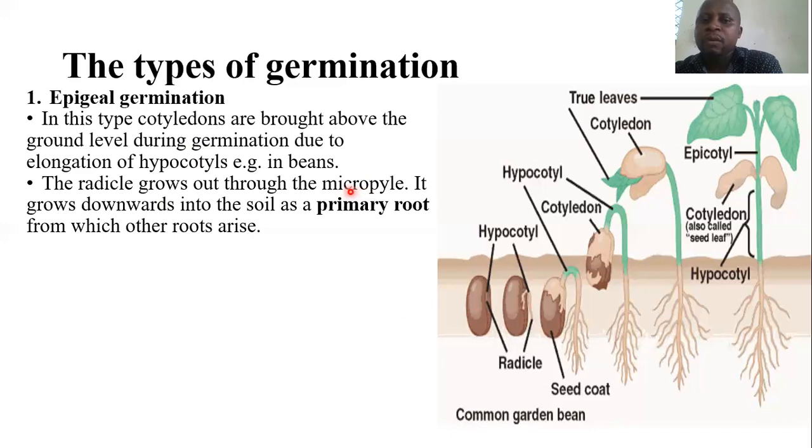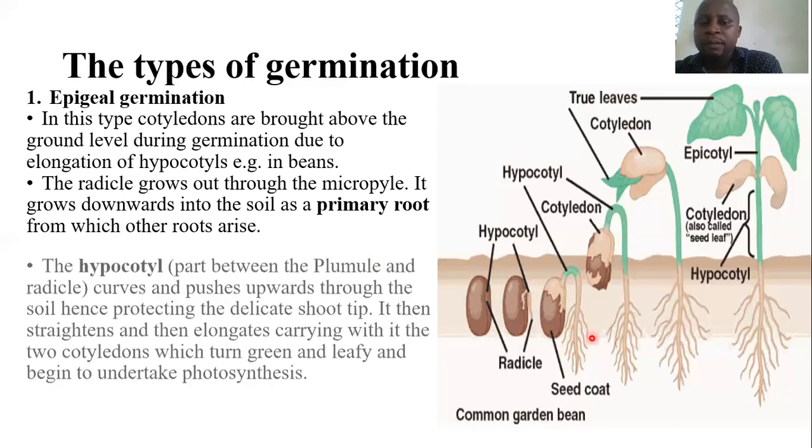It then grows downwards, hence forming what we call the primary root. The primary root is the root where other secondary roots will arise from.